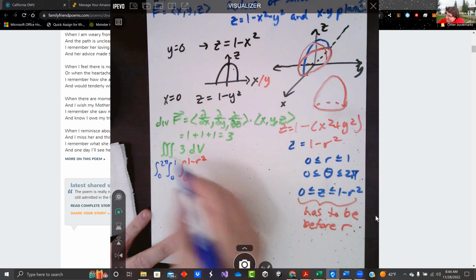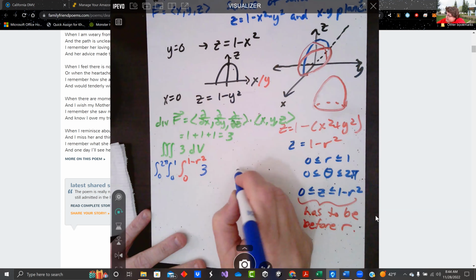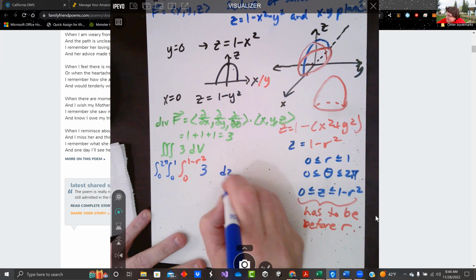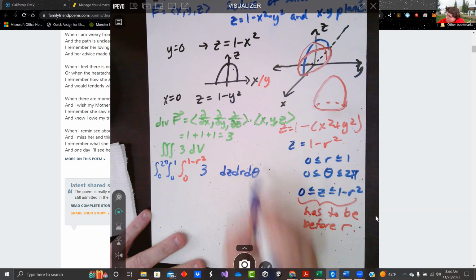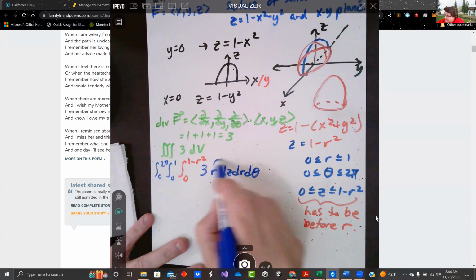So my value inside was 3, and then for dv, we've got dz, dr, d theta, and then the correction factor for cylindrical is r. So that's my dv right there.